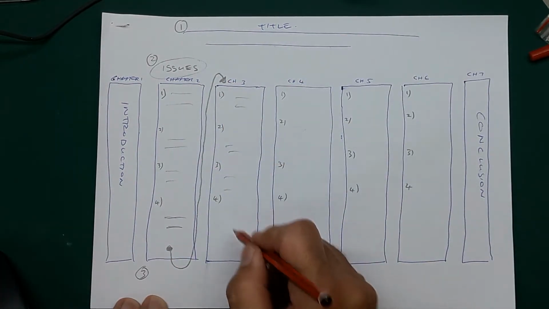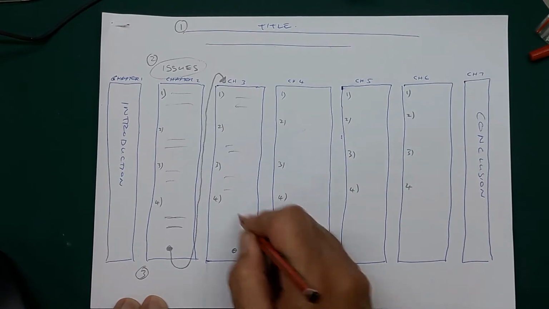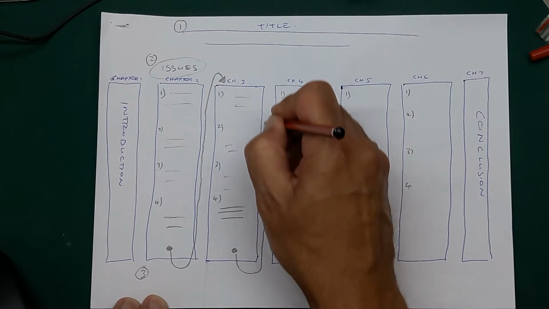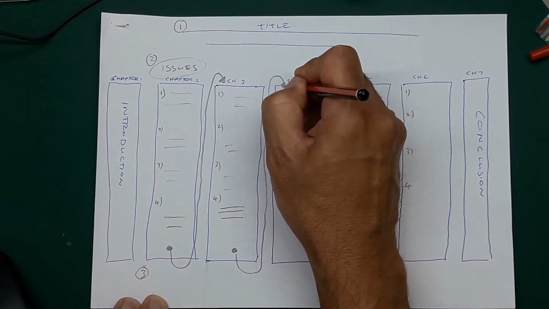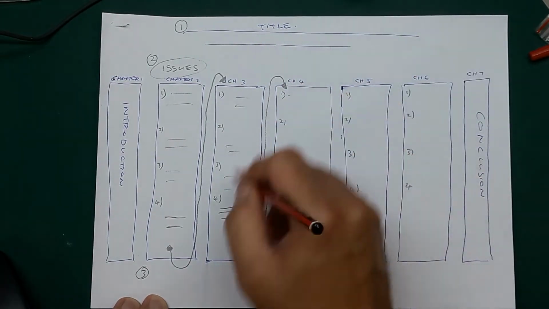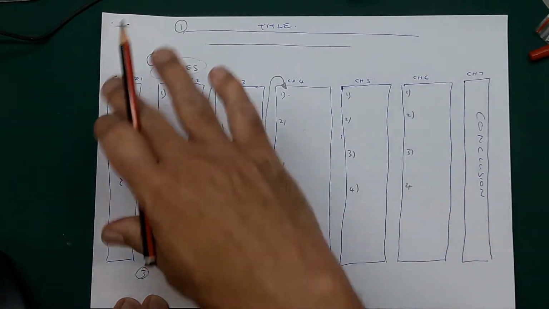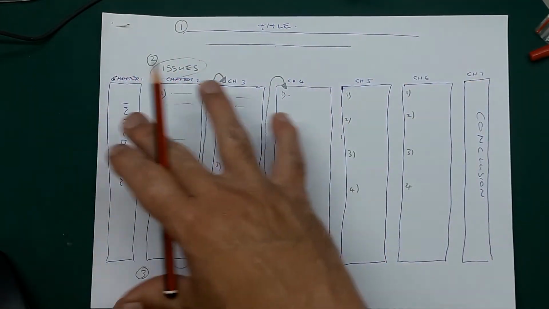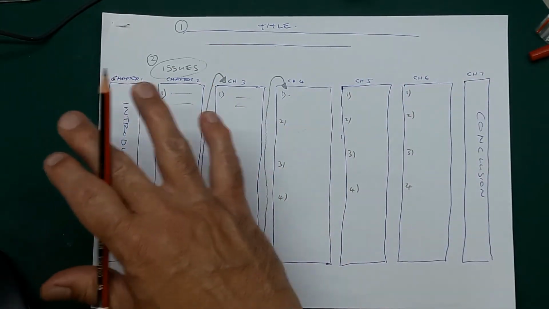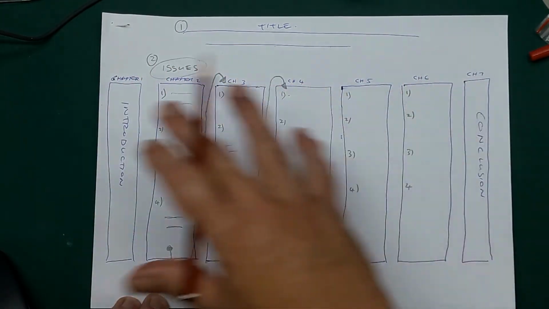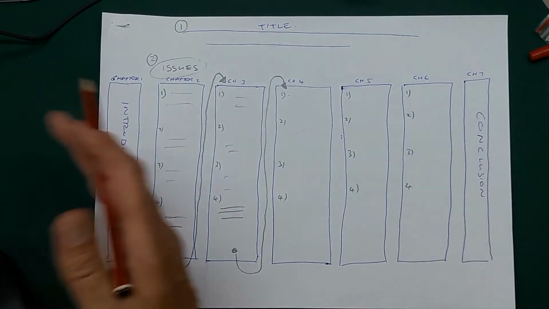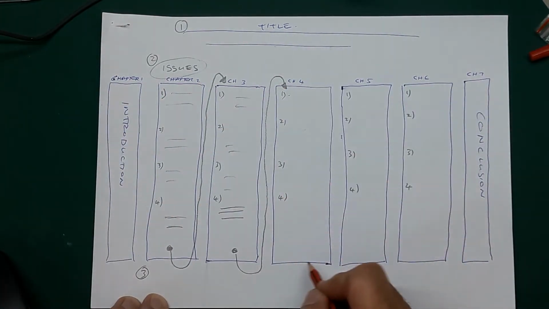The same goes for this. You have to ask yourself, how does this 4th issue relate to the first issue in chapter 4? There should be some kind of logical progression, because there's a logical flow in the entire dissertation, and that is basically to set out what are the issues that you will be dealing with, what are the questions that you are dealing with in a logical flow. The same thing goes for the next chapter.